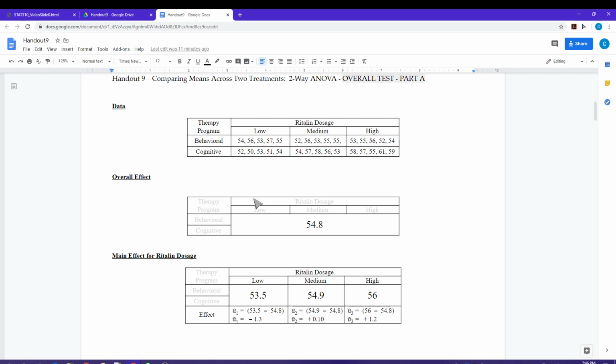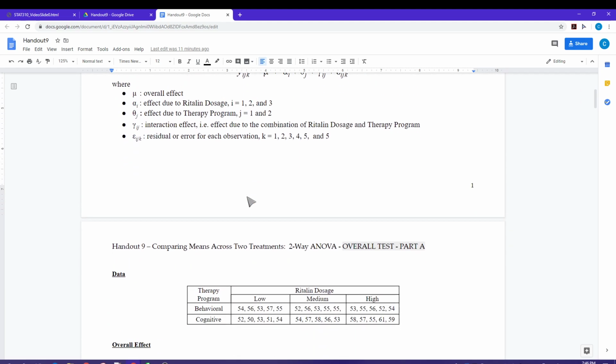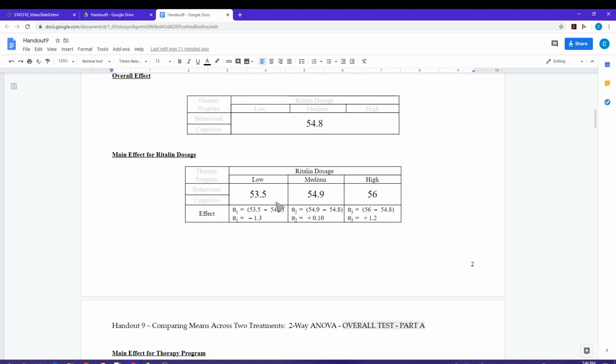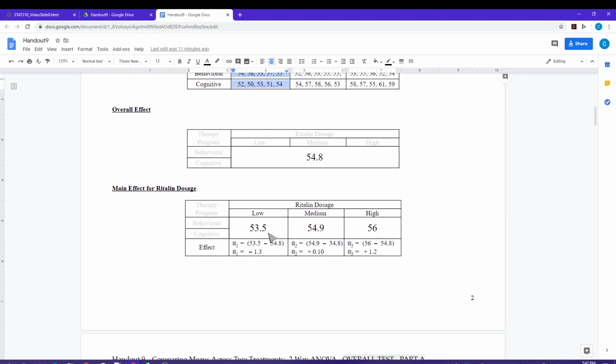Next, let's consider the alpha term, which is going to be the effect due to the Ritalin dosage. So if I calculate the average on the low level, the average on the medium, and the average on the high dosage levels, doing that across these 10 observations here, the average there is going to be 53.5.